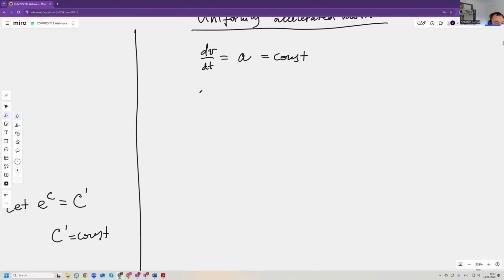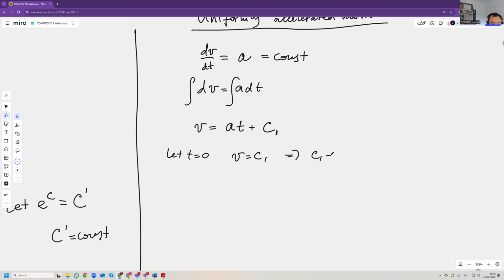Now, if we write dv equals a dt, and we integrate both sides, we get v equals at plus c, let's call it c1. If you let t equal 0, then v is equal to c1.